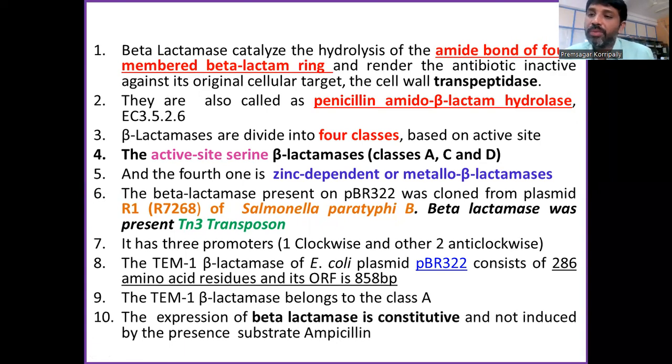Constitutive promoter means it expresses constitutively irrespective of the presence of substrate. If substrate is present or absent, it doesn't matter. You can see the same level of expression in the case of beta-lactamase.